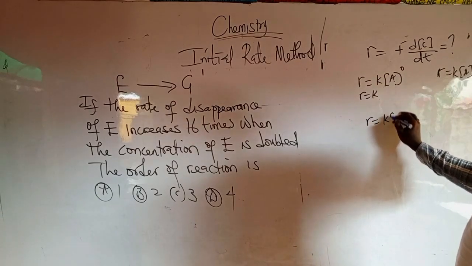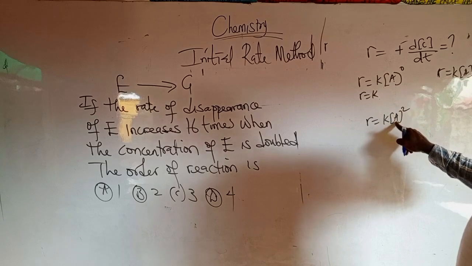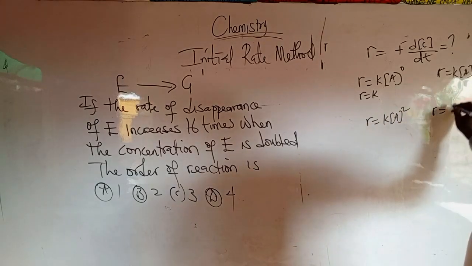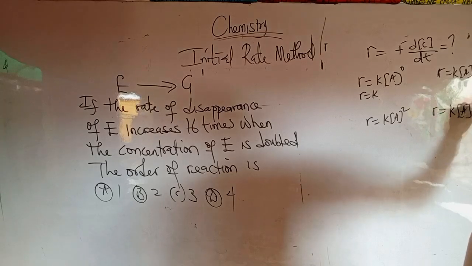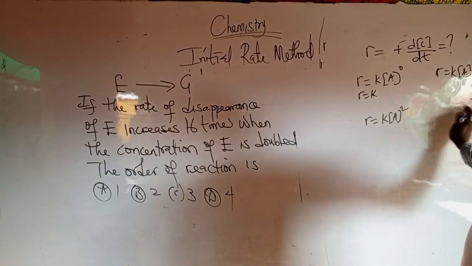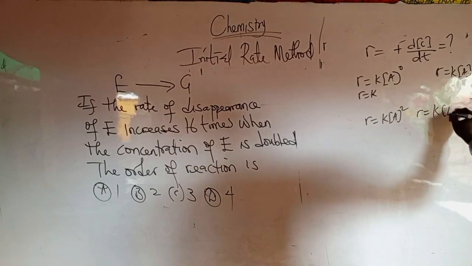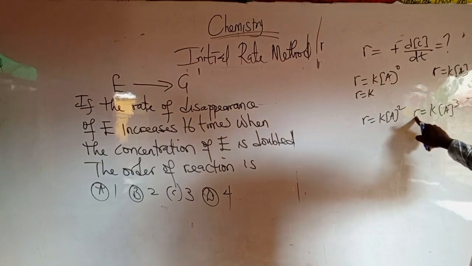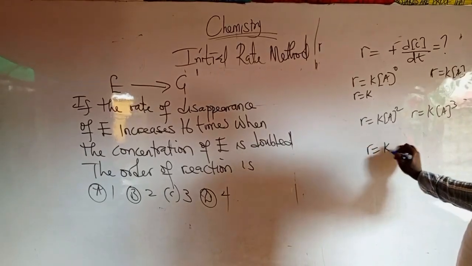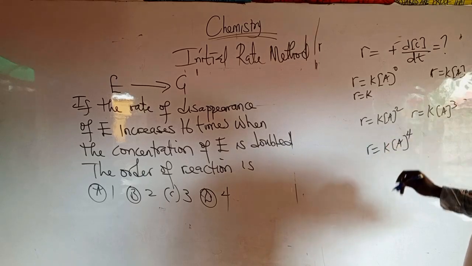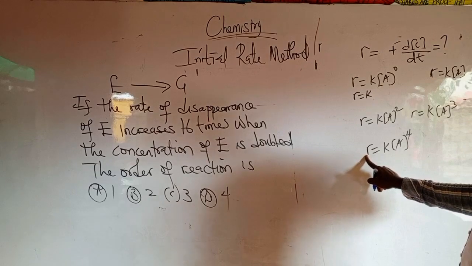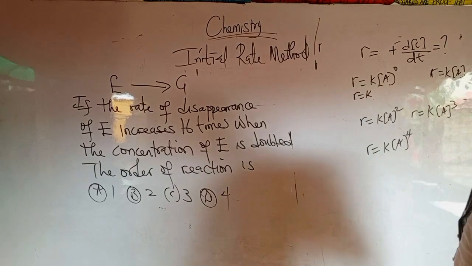Under second order, when concentration is doubled, rate of reaction increases 4 times. Under third order, when concentration is doubled, rate of reaction increases 8 times. Under fourth order, when concentration is doubled, rate of reaction will increase 16 times.